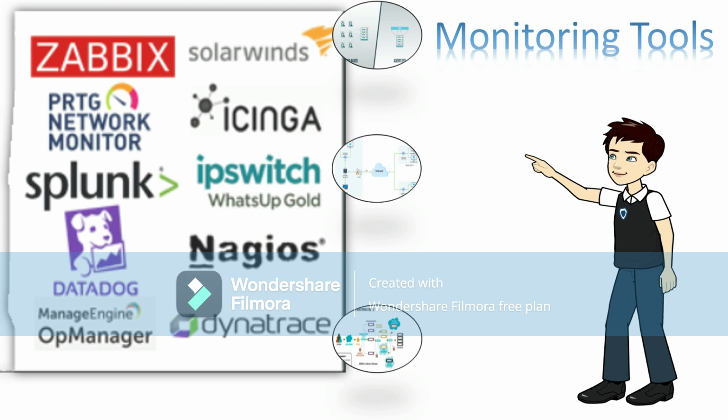So here we can see there are hundreds of monitoring tools available in the market, right? And here is a list of a few brands in the market: Zabbix, SolarWinds, Ipswitch, Splunk, Nagios, Datadog, Dynatrace, Ops Manager.